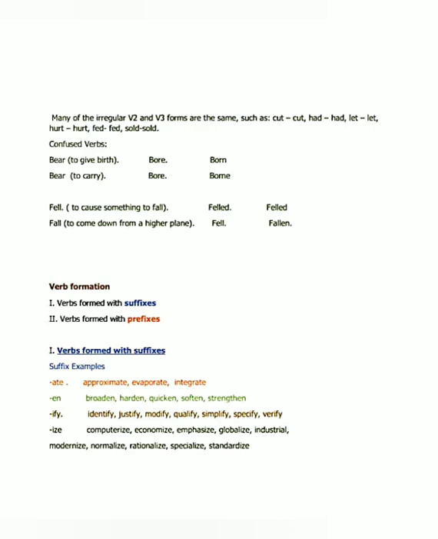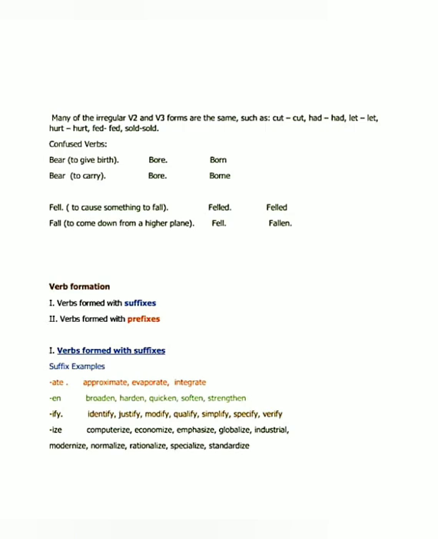Its past tense is felled, and the past participle is also felled. Now another example I'm giving you is raise and rise. Raise, raised, raised. Raise means to lift something up, and rise means to go upward. Its past tense is rose and the past participle is risen.